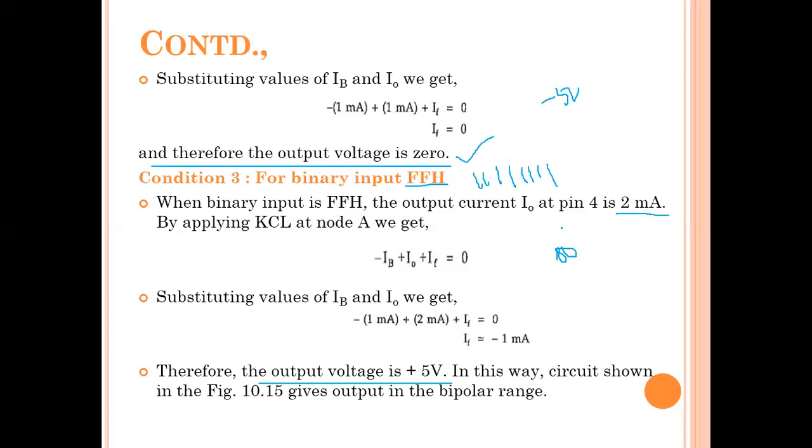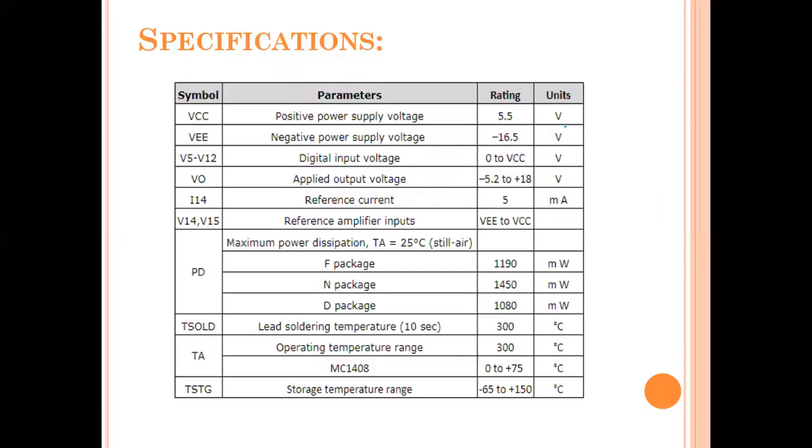And when we apply full scale reading, that is all ones, you will have output voltage equal to plus 5 volts. So hence it is giving two polarities, plus 5 volts as well as minus 5 volts. So this circuit is used for bipolar range.